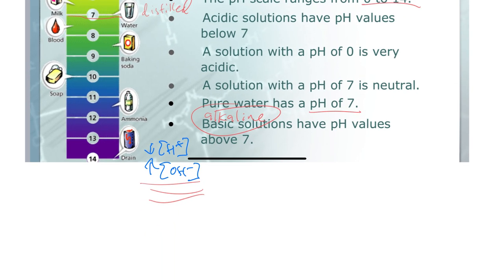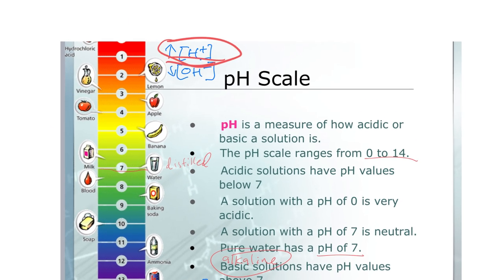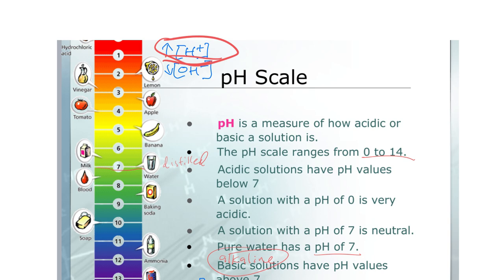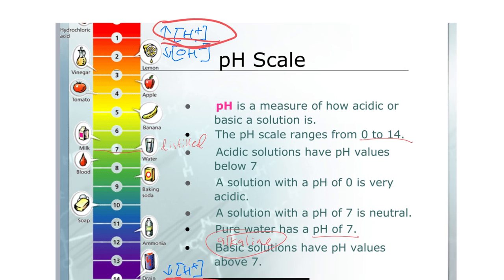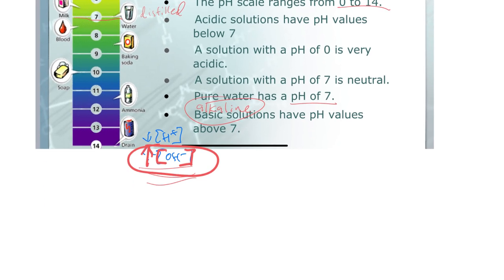The concentration of hydrogen ions and the concentration of hydroxide, this means concentration when you put brackets. The concentration of hydroxide is greater as you get closer to 14. And you should know that a pH of 7 is neutral. Right here.